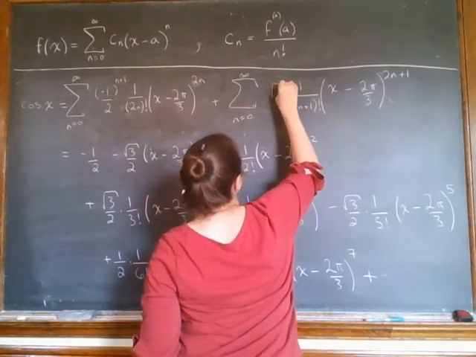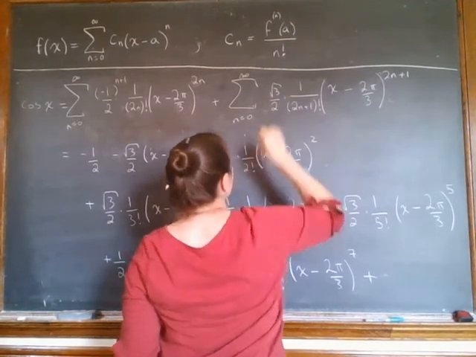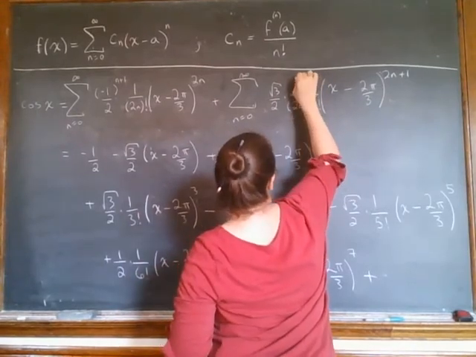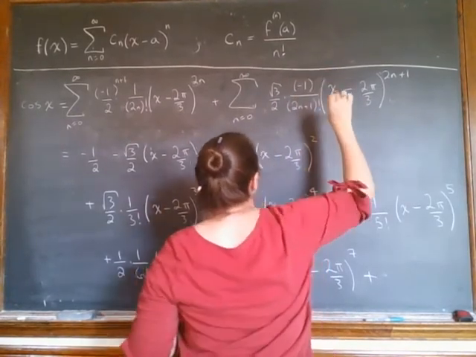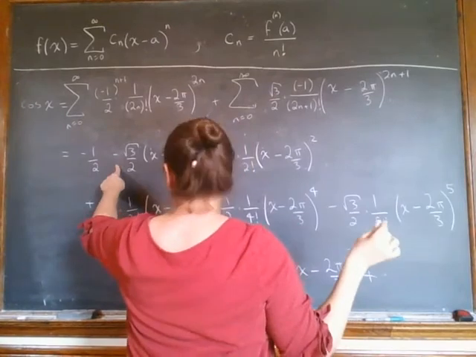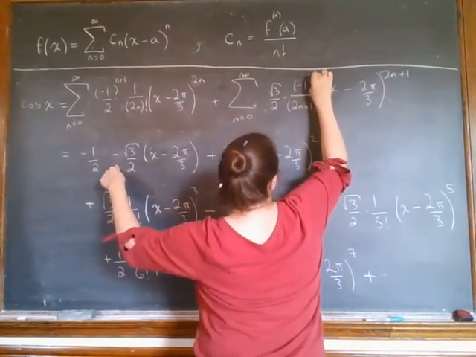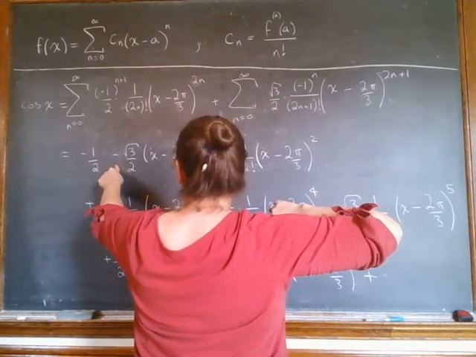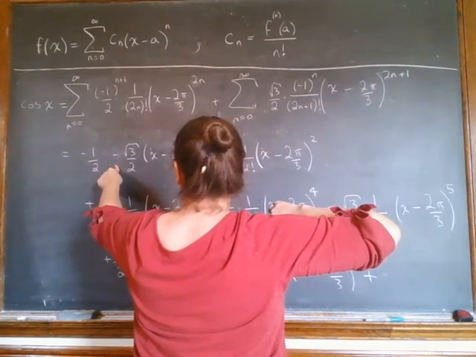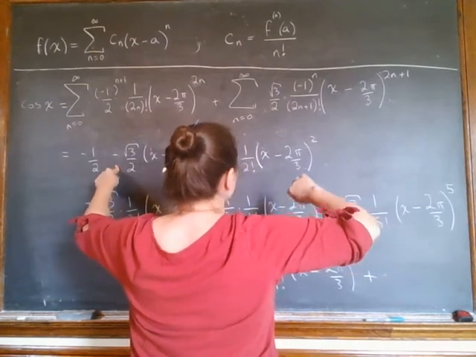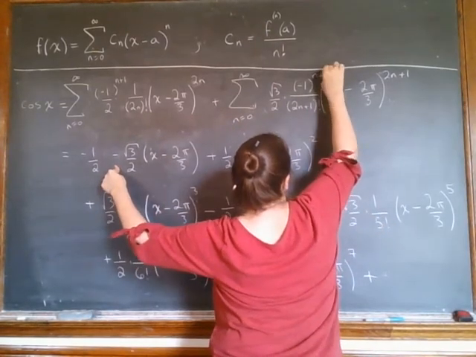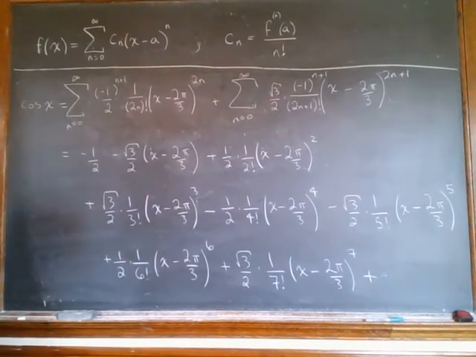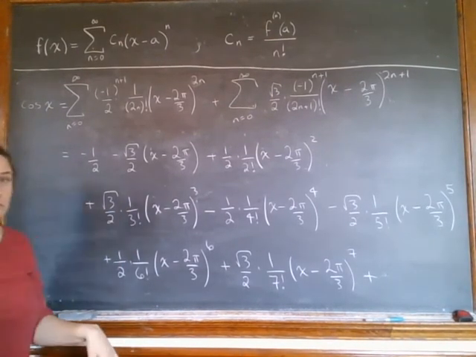I know I have a √3 over 2. And I forgot to put in my minus 1, so I'm going to stick it up here, and then my first one should be negative. So n equals 0 would give me the 3 and the 1 here as well. Okay. And then that's going to work for the odd ones.